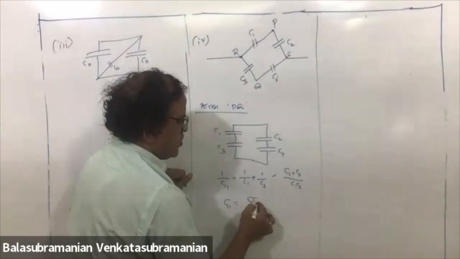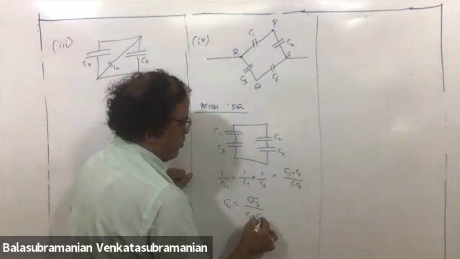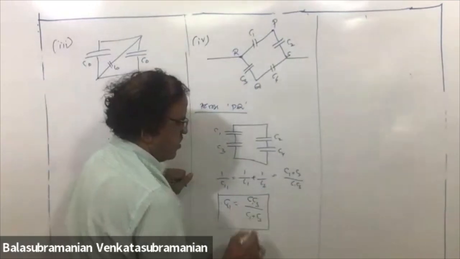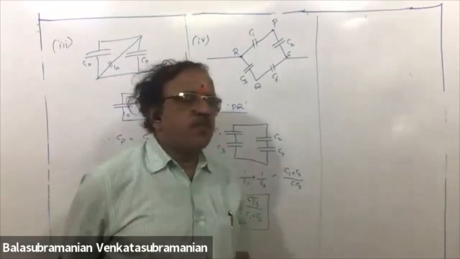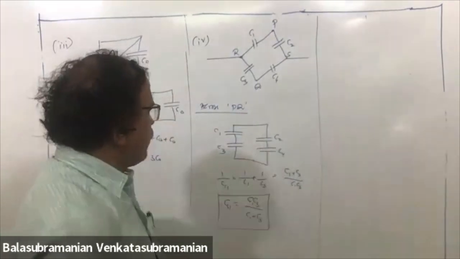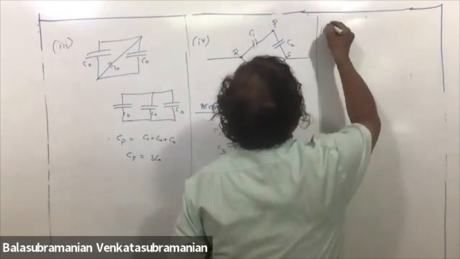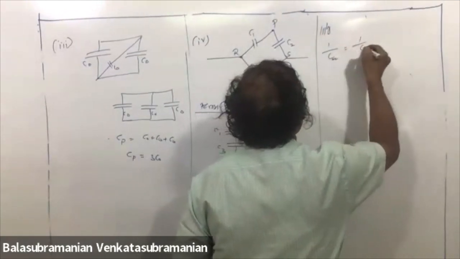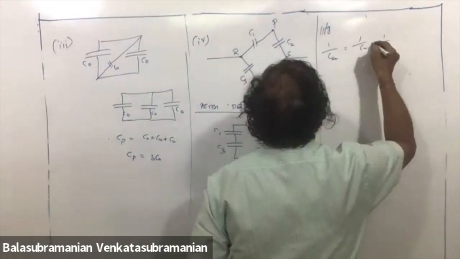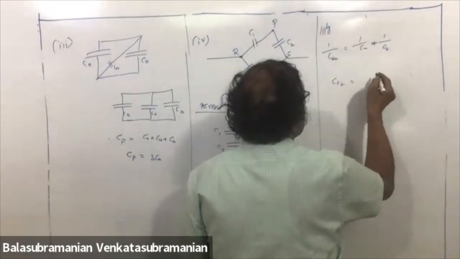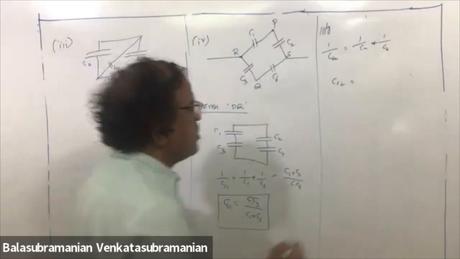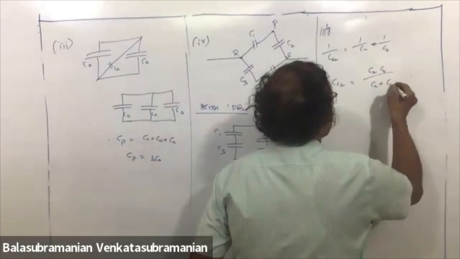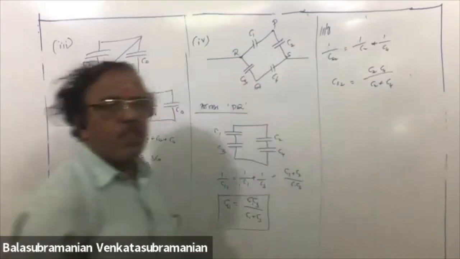CS1 is equal to C1 C3 by C1 plus C3. Similarly, you do for C2 and C4. 1 by CS2 is equal to 1 by C2 plus 1 by C4. So I can write CS2 is C2 C4 by C2 plus C4.